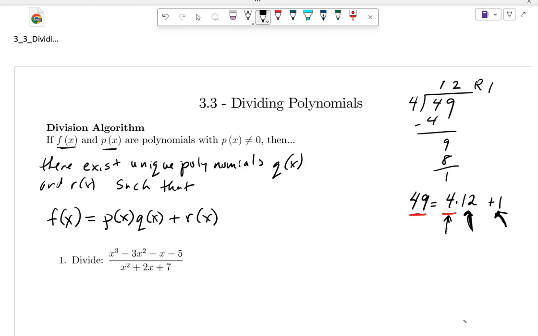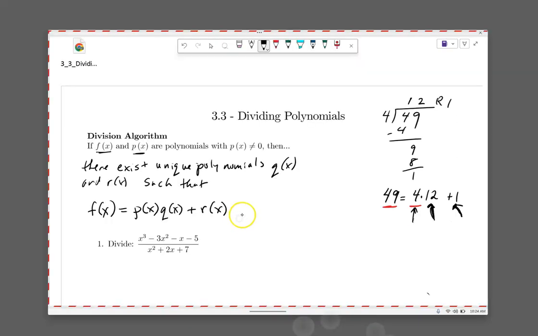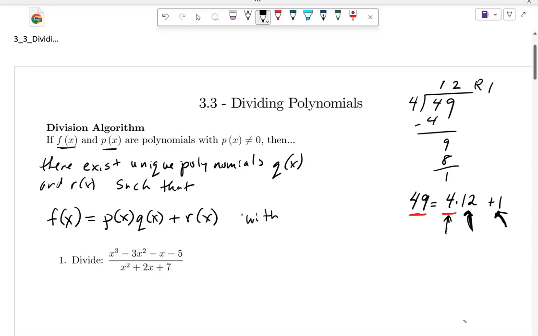Okay. Now notice it's a harder concept to talk about less than when we're talking about polynomials, but I can talk about their degrees, okay? So when I talk about the remainder, either that remainder has to be 0 or the degree of the remainder, which you usually write as DEG, has to be strictly less than what you're dividing by.